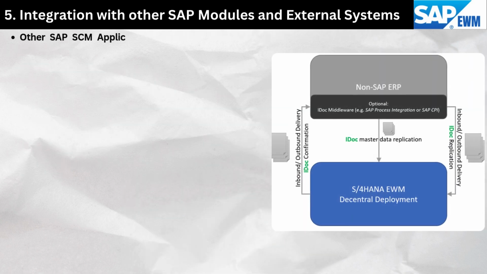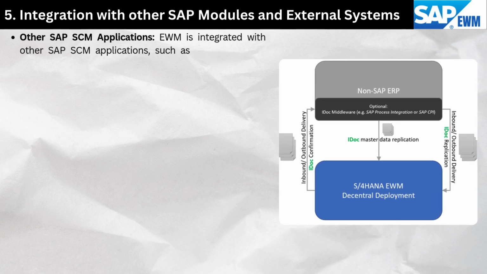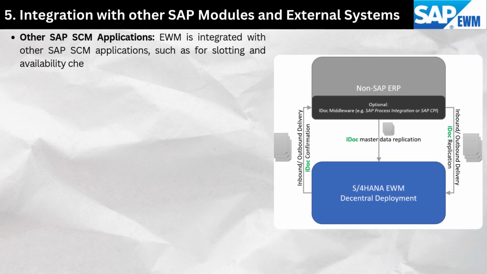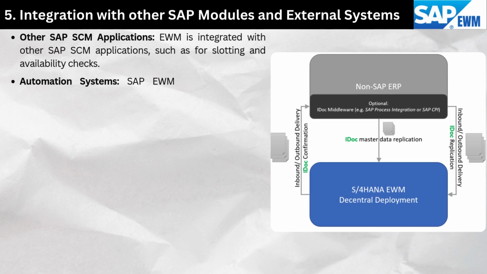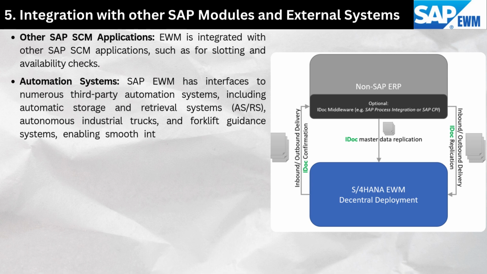Other SAP SCM applications. EWM is integrated with other SAP SCM applications, such as for slotting and availability checks. Automation systems. SAP EWM has interfaces to numerous third-party automation systems, including automatic storage and retrieval systems, AS/RS, autonomous industrial trucks, and forklift guidance systems, enabling smooth integration and warehouse control.